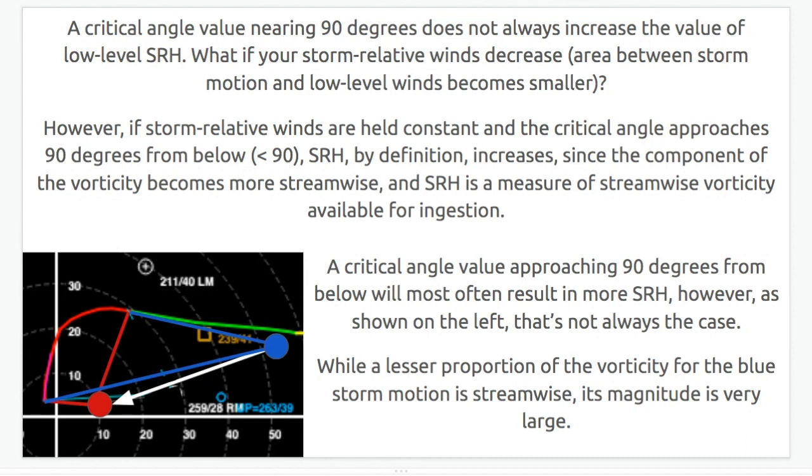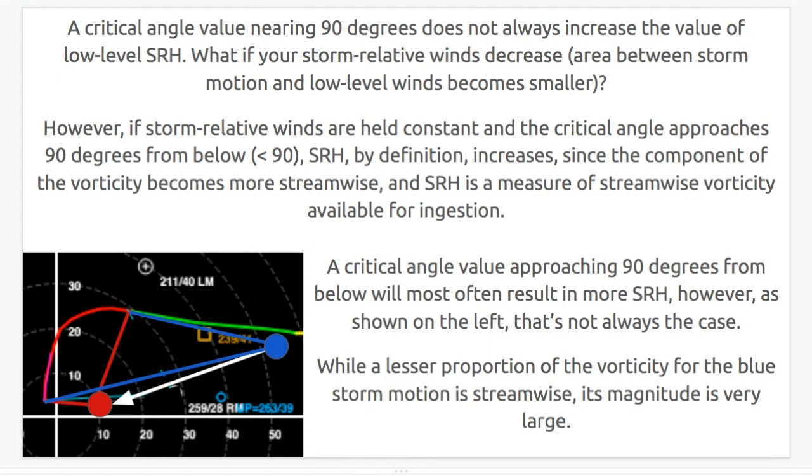The blue storm motion has much more storm relative helicity because the area between the low-level hodograph and the blue lines is much greater than the same area for the red storm motion. However, the critical angle of the red storm motion is much closer to 90 degrees than the critical angle of the blue storm motion.